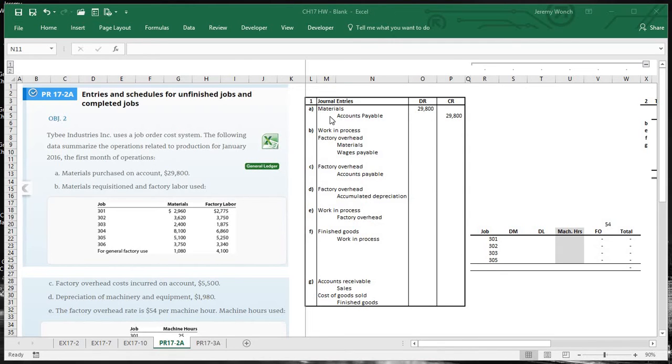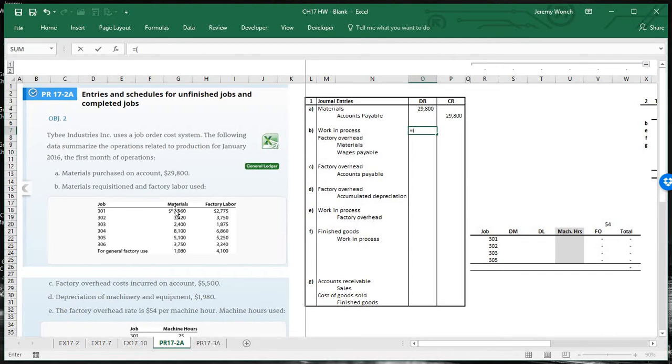So what we want to do here is figure out first what goes in work in process and what goes to factory overhead. We're going to add up all of the material and the direct labor that are going to go into work in process.